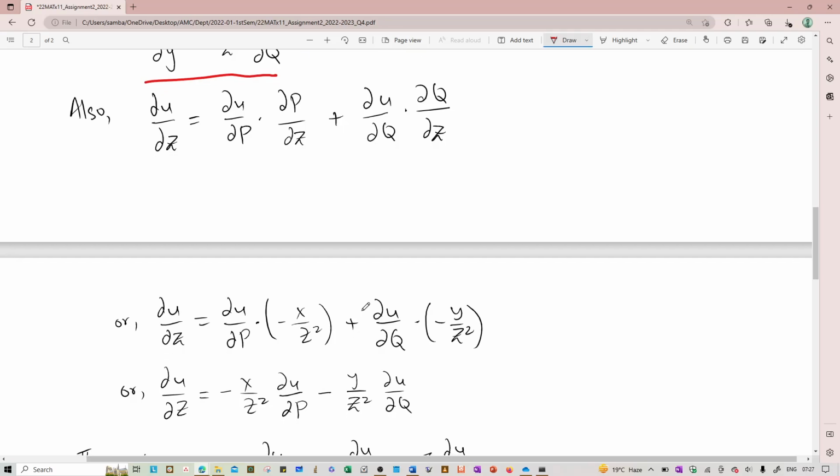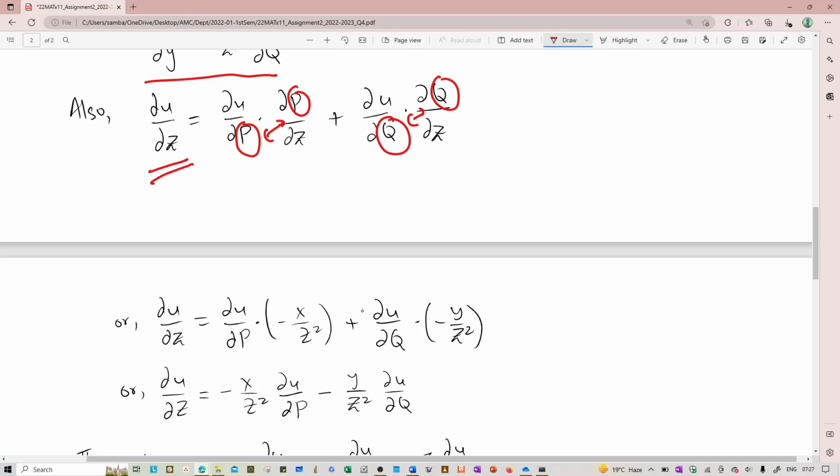Now finally ∂u/∂z, again the partial derivative of the given function u with respect to the variable z, right? It's the old original variable. This term is there in the LHS of the expression that we need to prove, right? Okay, so again, we are using the new artificial variables. So ∂u/∂p into ∂p/∂z plus ∂u/∂q into ∂q/∂z, right?